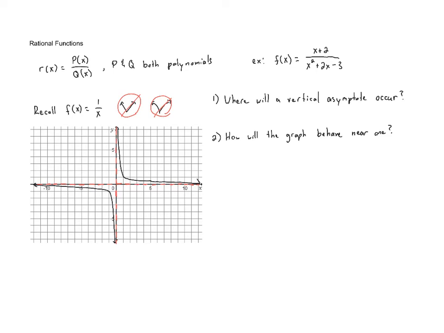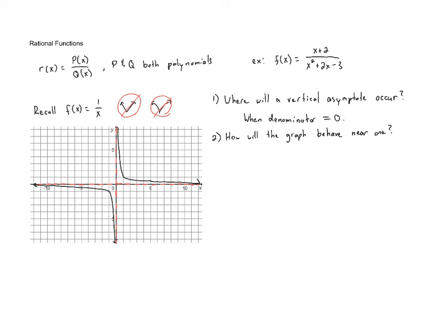So then once we've identified a vertical asymptote, how do we figure out how the graph will behave near it, whether it's going up or down?